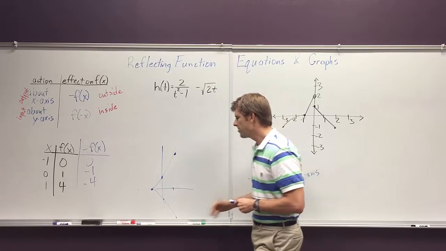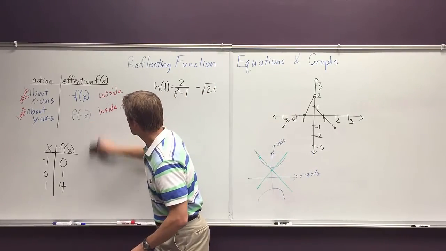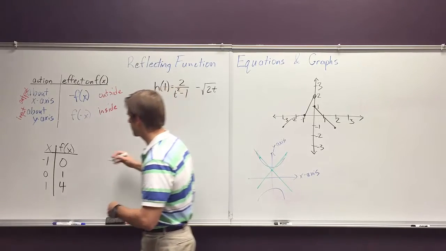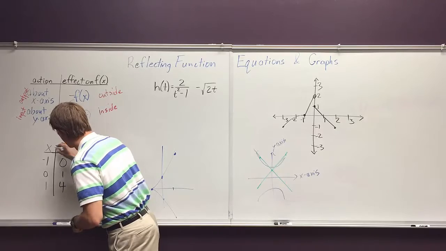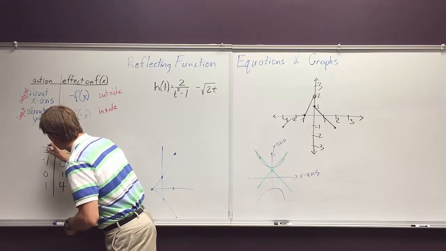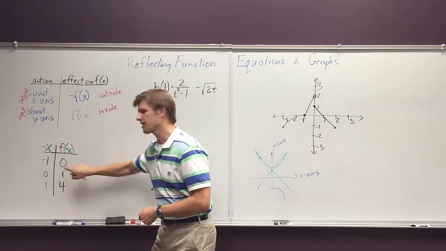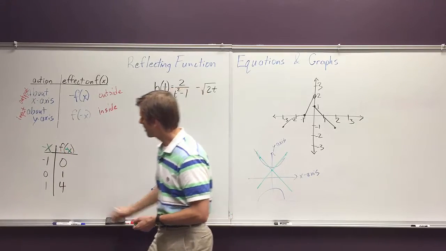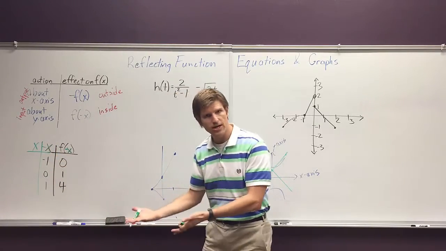Okay, on the flip side, what would happen if we put a negative sign in here? So it's now negative x. If negative x is negative 1, then f of negative x is 0. Well, that's all well and good, but our chart doesn't actually start with an x value, so we should start with an x value.